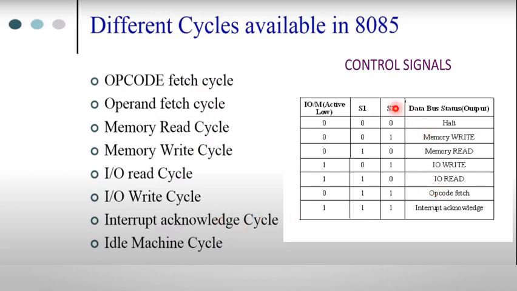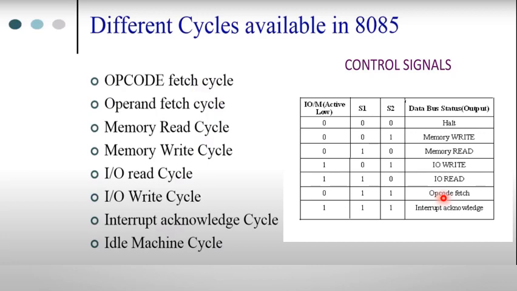The table gives the various possible states of the processor based upon the control signals IO/M bar, S1 and S0. Opcode fetch, memory read and memory write are memory related operations, because the opcode is in the memory, given by the user.